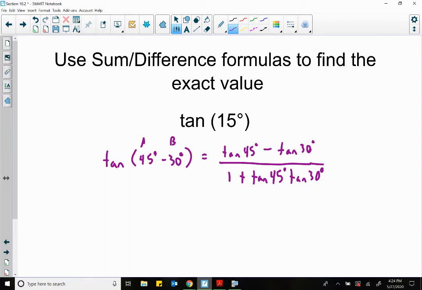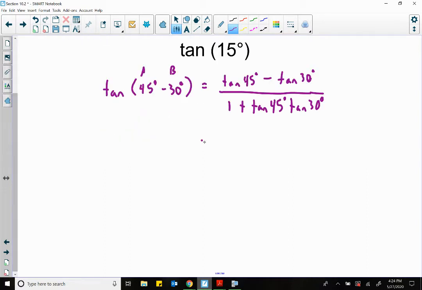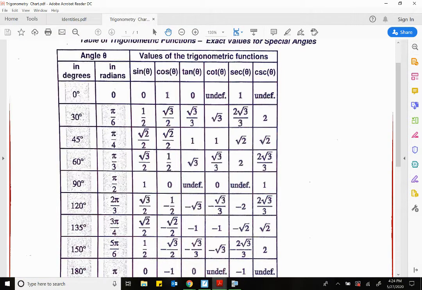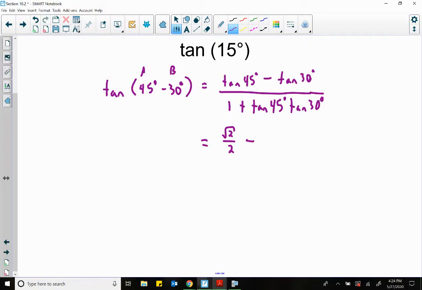Okay, so let's plug in what we know. Tangent 45 is the square root of 2 over 2 minus tangent 30. So tangent 45 is not the square root of 2 over 2. Tangent 45 is 1. Tangent 30 is the square root of 3 over 3. I almost messed that up. So this is 1 minus square root of 3 over 3.